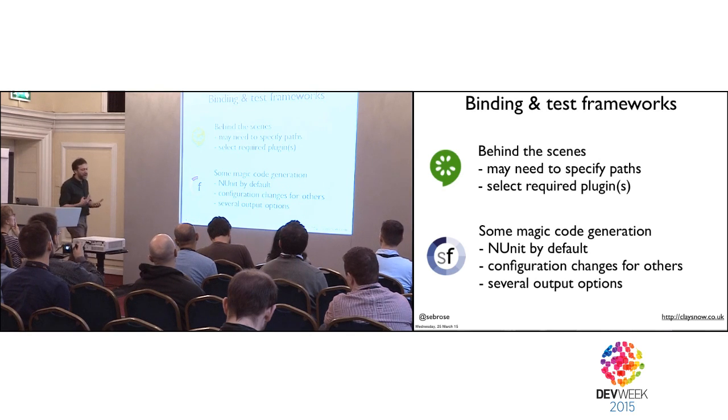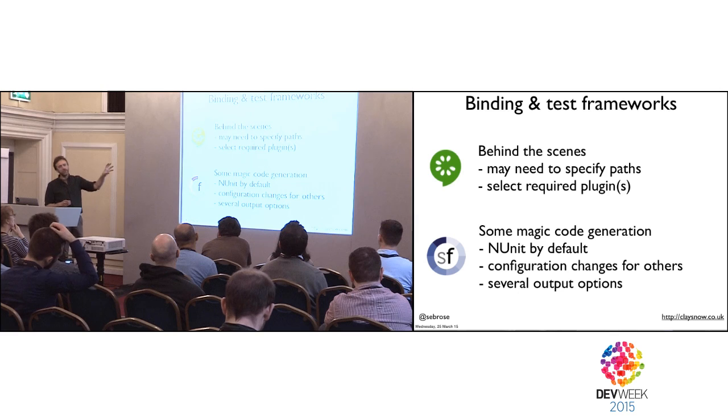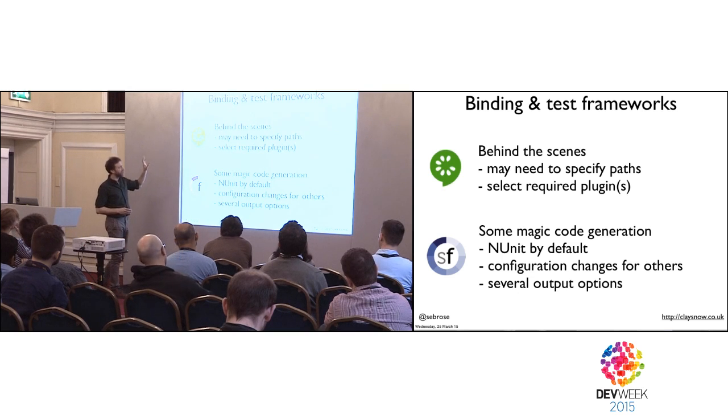Secondly, there's stuff about binding and test frameworks. In all of the Cucumber implementations, it basically just works, as long as Cucumber knows where your feature files are. In some cases you need to either put your step definitions in a known place in a hierarchy, or you can pass to Cucumber the place that you have put your step definitions. Everything else then just works.